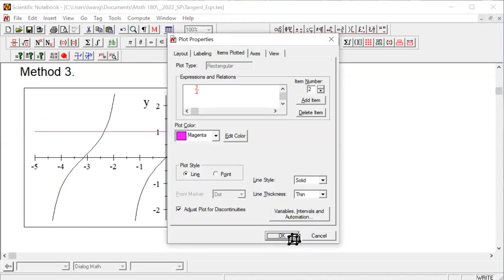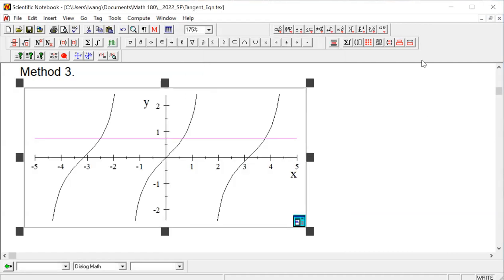There you go, right? So we got those points, we got those solutions, and we represent the simplest one, which is going to be theta, which is arctangent of 3/4. And the purple is the tangent ratio, which is 3/4, right?